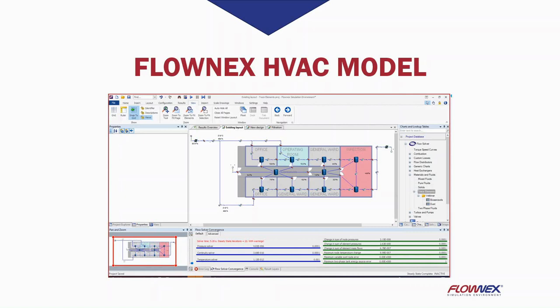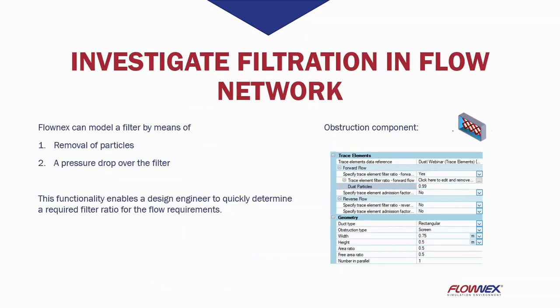Yes, Marinus. So in Flownex, a filter can be modeled by removing some of the trace elements and adding a pressure drop. This functionality specifically allows the engineer to quickly determine the required filter ratio and for the flow requirements. In Flownex, we will make use of the obstruction component.